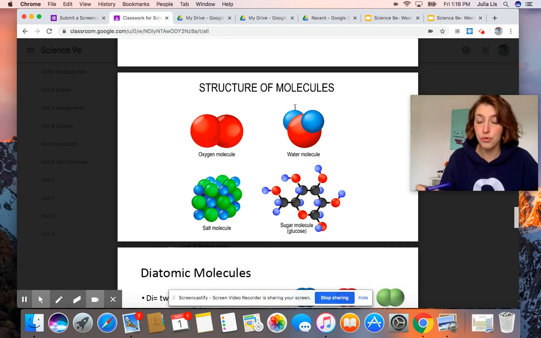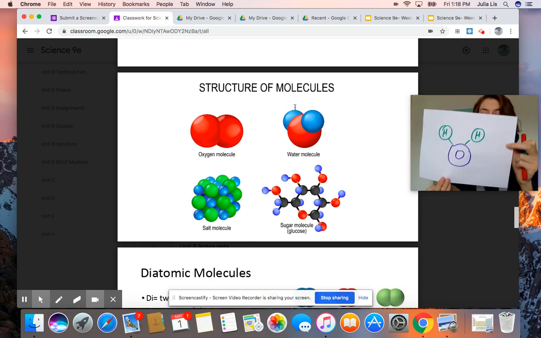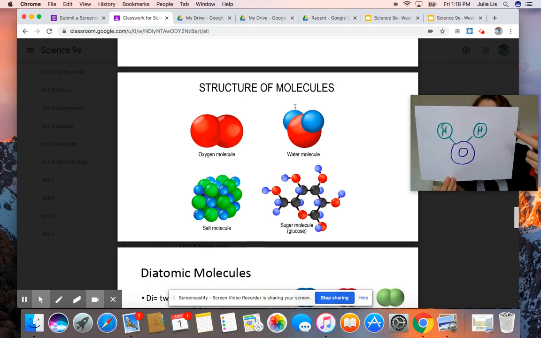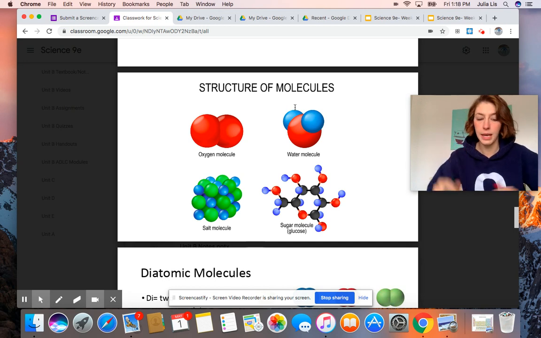And if you were to draw what the molecule might look like, you would have your single oxygen atom and then two hydrogen atoms. Kind of looks like Mickey Mouse. So this is H2O, and that's a molecule as well.